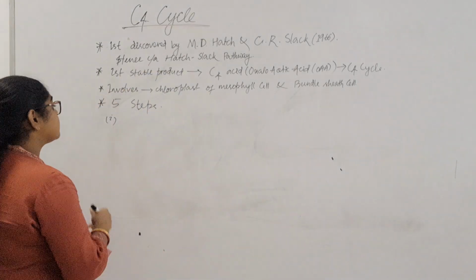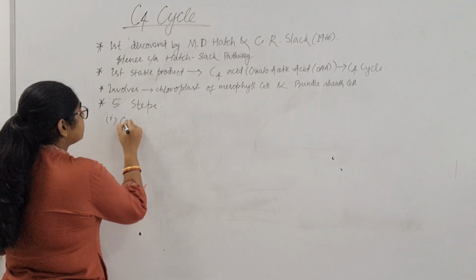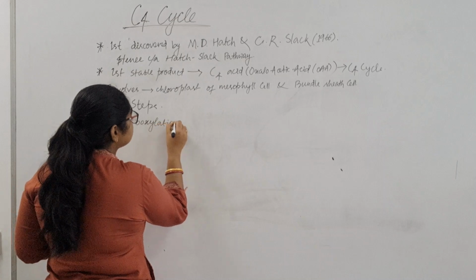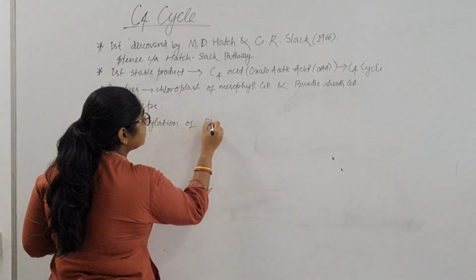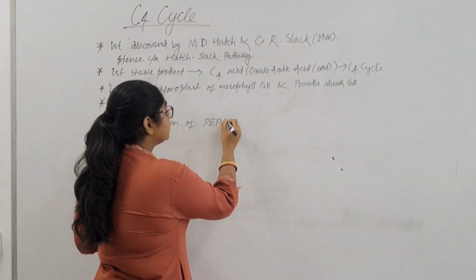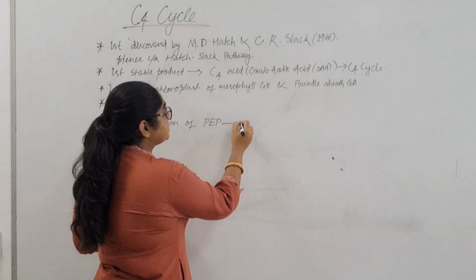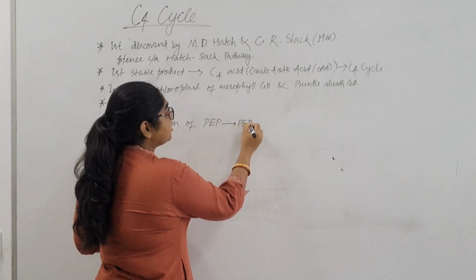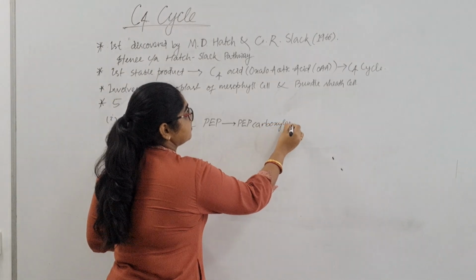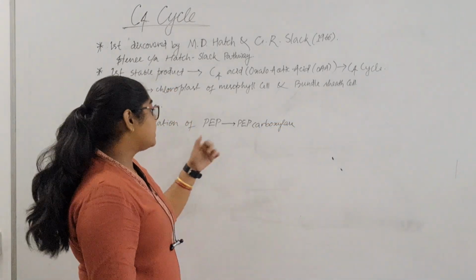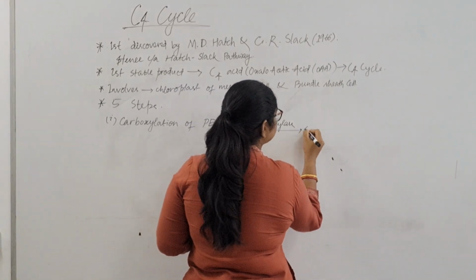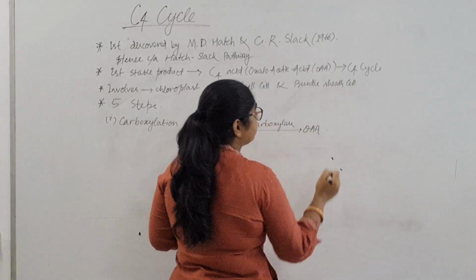The first step is the carboxylation of phosphoenol pyruvate, PEP, in the presence of phosphoenol pyruvate carboxylase, and here it produces oxaloacetic acid or C4 acid.